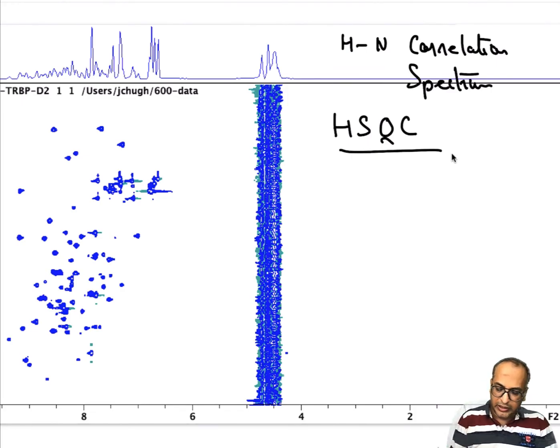So now you see that this is a protein which is an RNA binding protein, and it is some 90 amino acids long, if I'm not wrong.